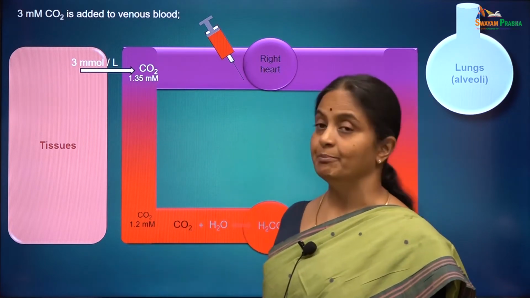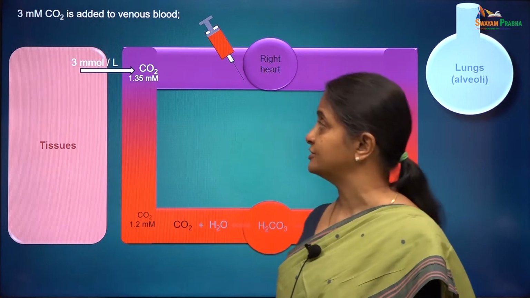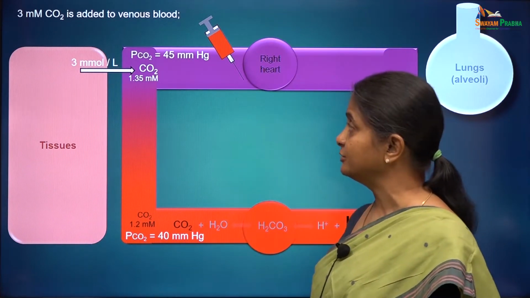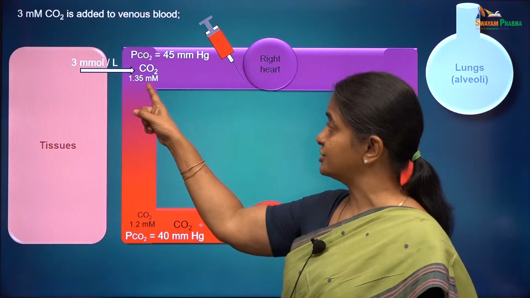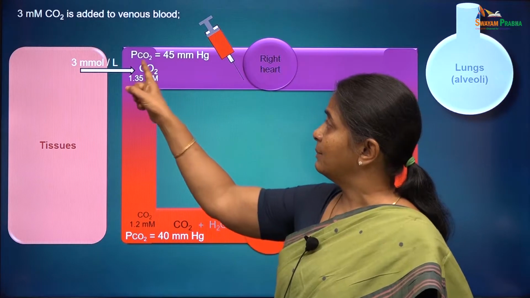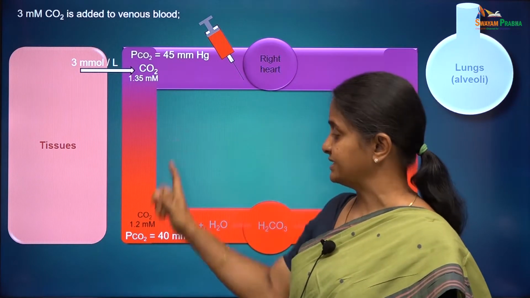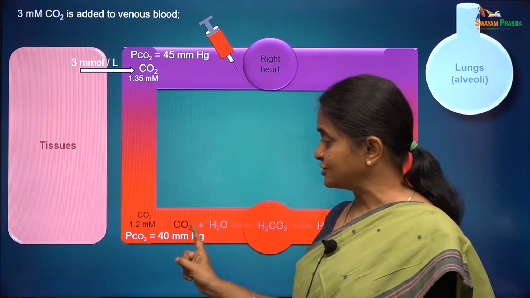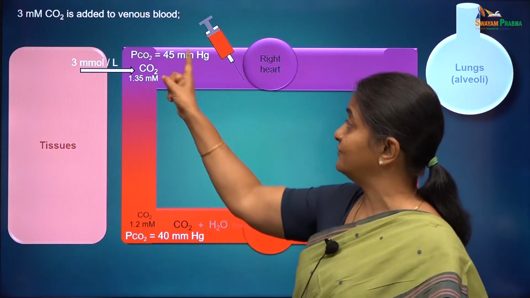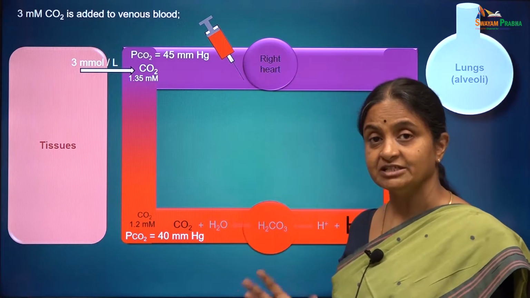So, what happens to the bulk of the carbon dioxide that comes into venous blood? At this point, let me tell you that carbon dioxide concentrations are measured as partial pressures of carbon dioxide. Partial pressure of carbon dioxide in arterial blood is 40 millimeters mercury, and that in venous blood is 45 millimeters mercury.